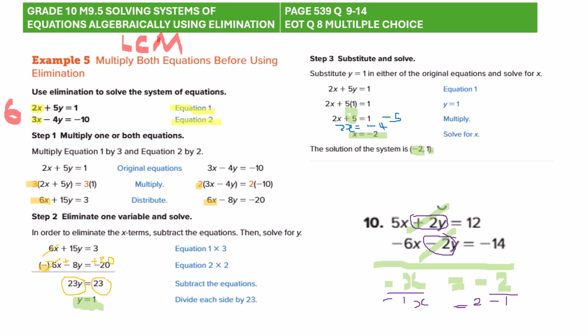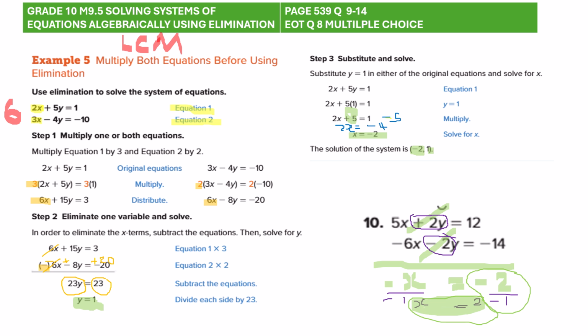So when we subtract here, negative x is equal to negative 2, divide by negative 1 on both sides, and therefore x will be equal to... sorry, this won't be negative 2, this will be positive 2, because negative 2 divided by negative 1 will give us positive 2. x is equal to positive 2, which means that in your equation, when you are solving, you would use x is equal to positive 2 to find the value of y.